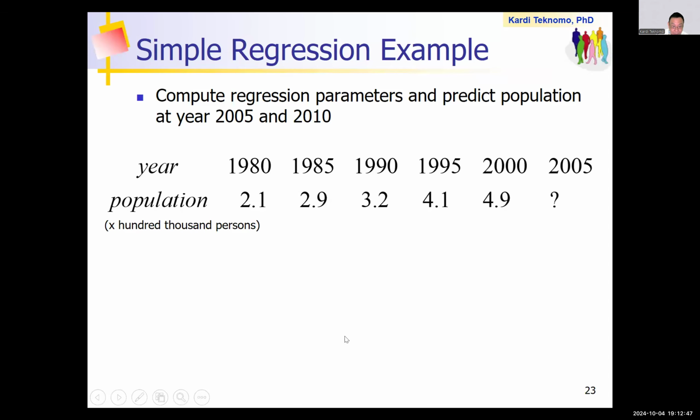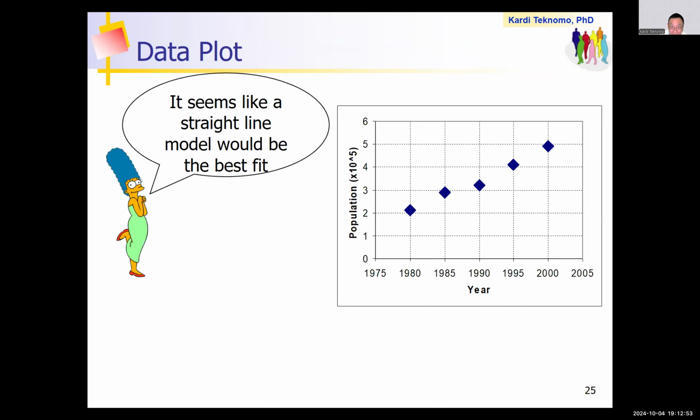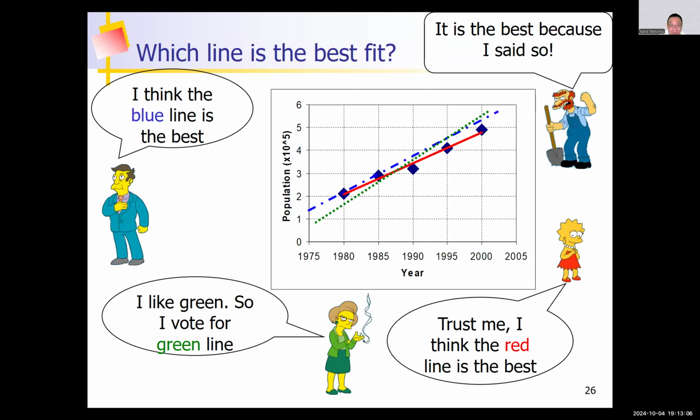So what happened is when we plot this data, we get this, right? We said, oh, it seems the model should be a straight line, probably is the best. But the question is, which is the best line?